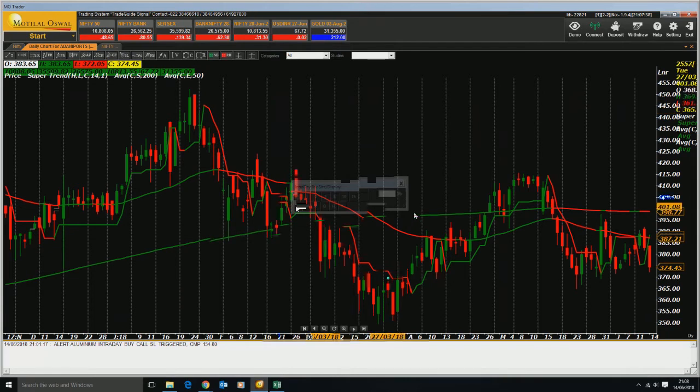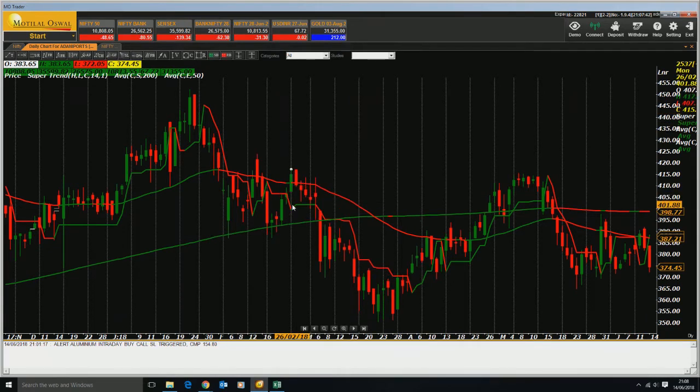It is the daily chart, so you see the daily chart. Here I have plotted two things. You see this particular line, this is our 50 period EMA. If you remember, this was our buy and sell line. Whenever the price is above it we are going to buy, and whenever the price is below it we are going to sell. This is the 50 EMA and this is the 200 simple moving average.